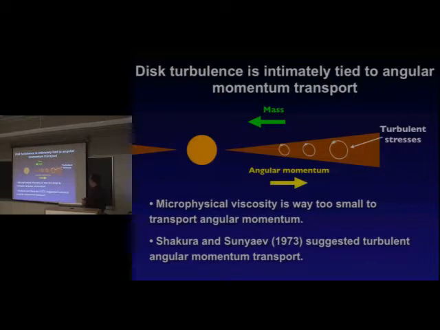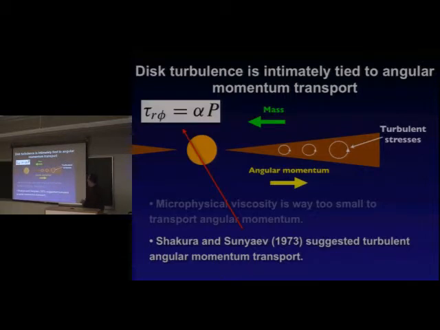So quite a few years ago now, Shakura and Sunyaev, although they were talking about disks around black holes, suggested that there was some sort of turbulence. They didn't know the cause of this turbulence, but it was stirring up the gas, and this turbulence led to an enhanced viscosity, which would act in a similar way to microphysical viscosity, causing diffusion of angular momentum outwards and mass inwards onto the central star.